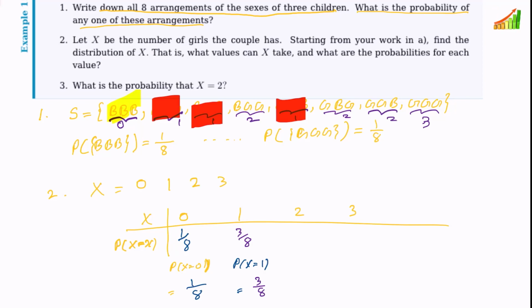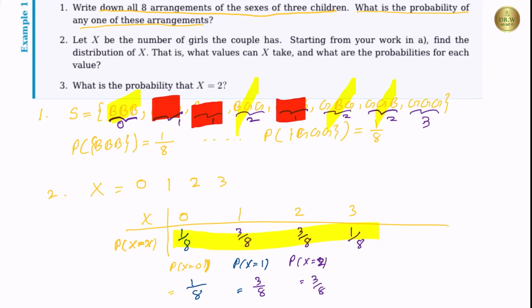That means 2 girls. Here 2 girls, here and here. Again, there are 3. Therefore, probability is 3 over 8. And x equals 3 is only girls, only 1 over 8.